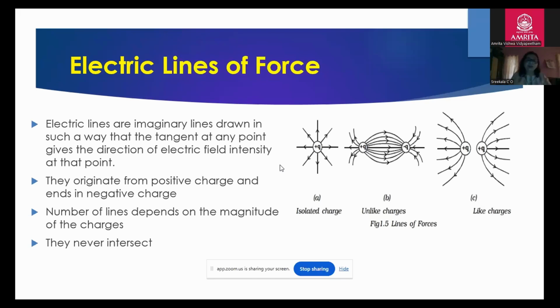By analogy with the magnetic lines of force, electric lines of force are introduced. Electric lines are imaginary.